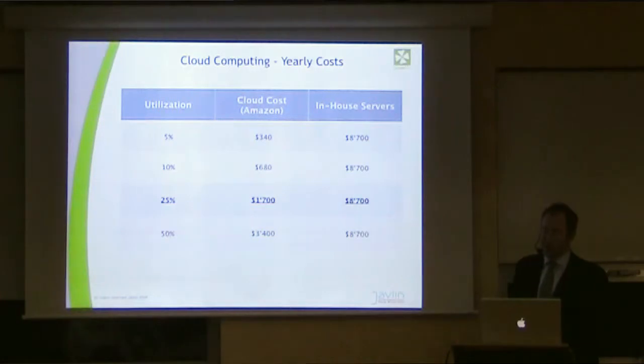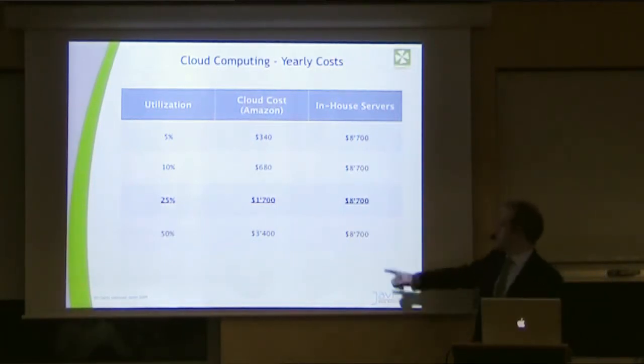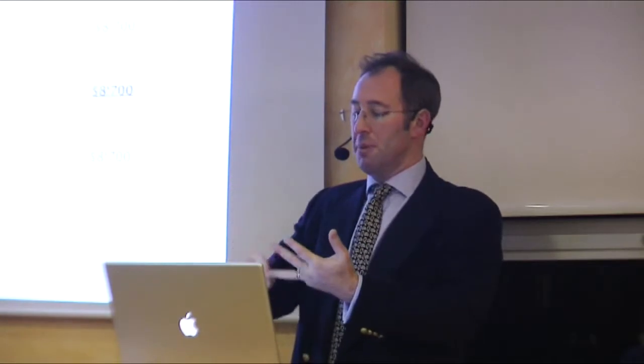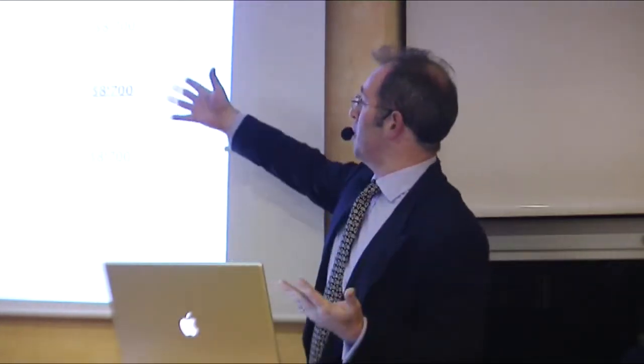So if that level of utilization is 10%, if you're running it in-house, for each in-house server it's going to cost you around $8,700. That includes the hardware cost, the support and maintenance costs, administrator associated costs, power. We can debate the figure, but it's not a million miles from there.